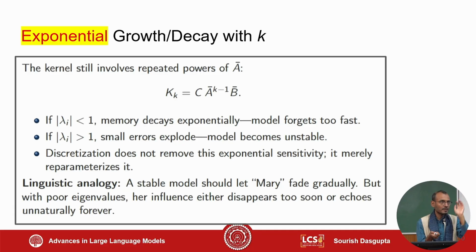That e raised lambda i can exponentially decay, and thereby your gradients will vanish. So discretization does not remove this exponential sensitivity, whether growth or decay, both ways. The linguistic analogy is that Mary can very quickly fade instead of gradually fading.